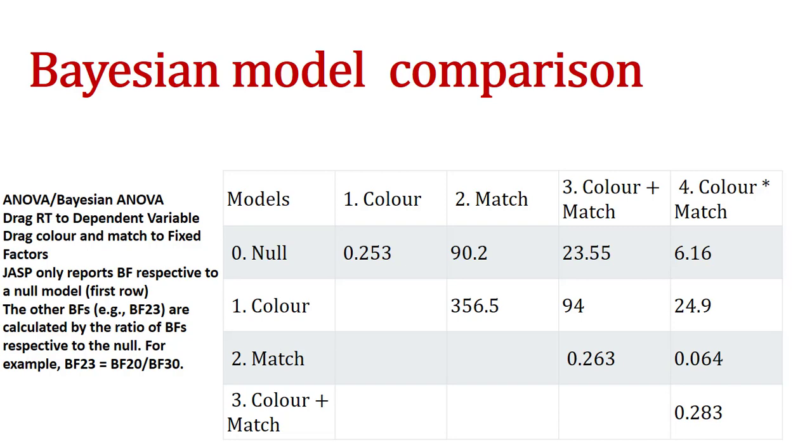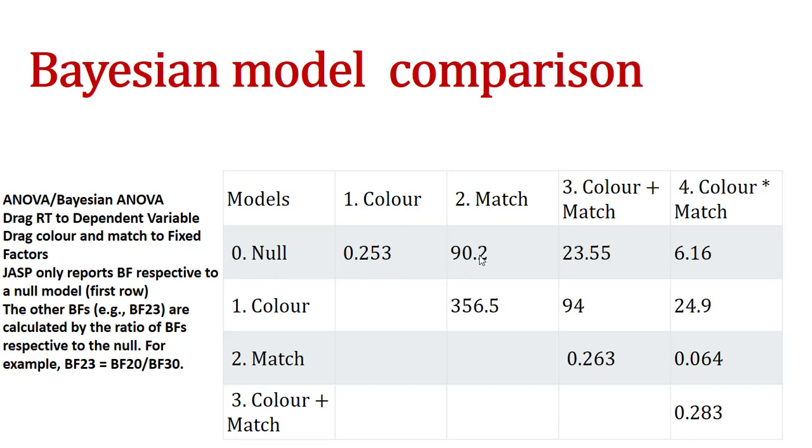So the variable color doesn't make any sense to add. With this information, we only wonder whether we should include match, and obviously we should include match because it increases the likelihood 90 times in comparison to null.